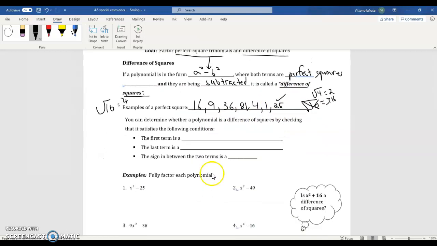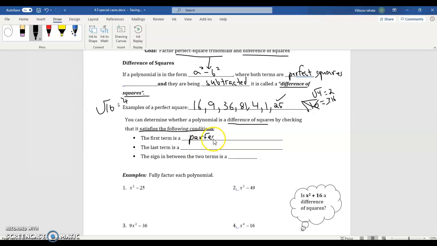So let's go and see how we can spot if different polynomials are considered differences of squares or not. Remember, to be considered a difference of squares, you have to have 3 conditions satisfied. It has to meet 3 conditions, like a checklist. The first term in your polynomial needs to be a perfect square.